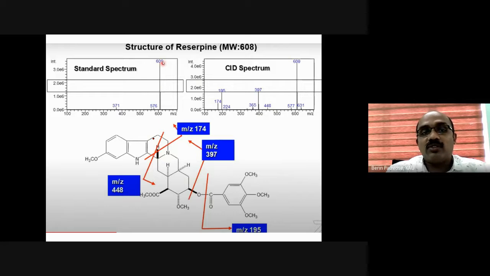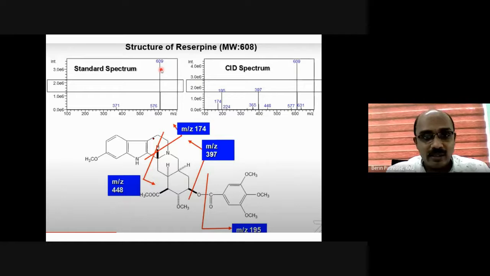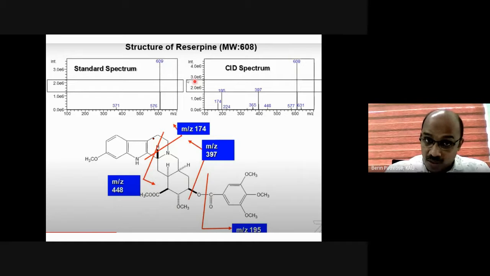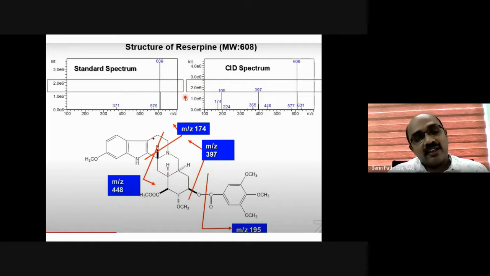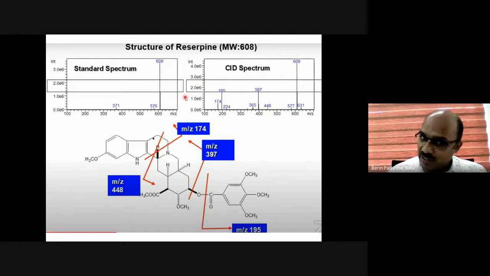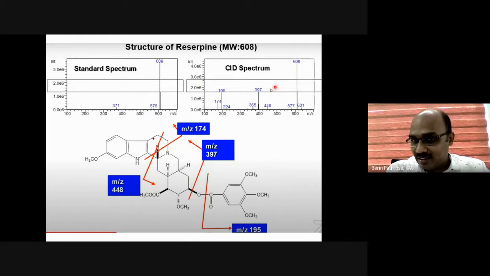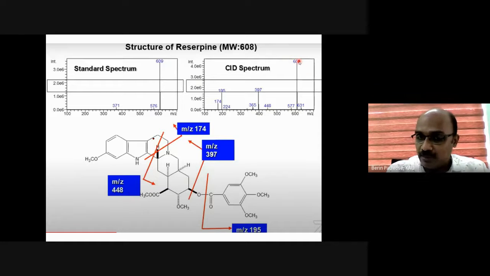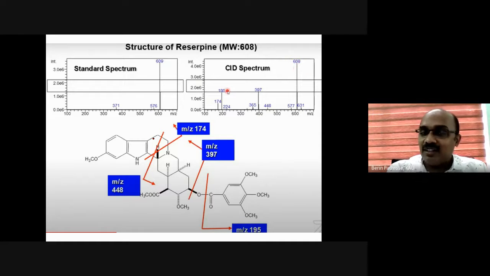Both compounds, the first quadrupole gives the molecular weight as 18. Then we might be confused. But in the collision cell, the water molecule invariably breaks down into H plus and OH minus. So here we will have three peaks. One will be 18 from the H2O original parent compound, another will be 1, and another will be 17. That is characteristic of water.